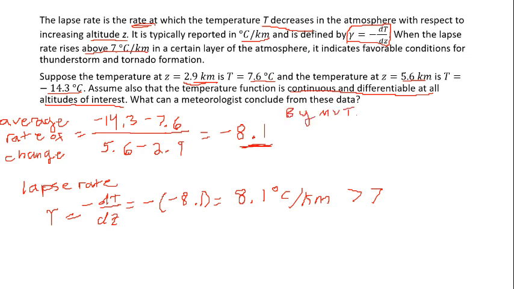because this function is continuous and differentiable, there is at least one altitude between 2.9 kilometers and 5.6 kilometers that has a lapse rate of exactly 8.1.